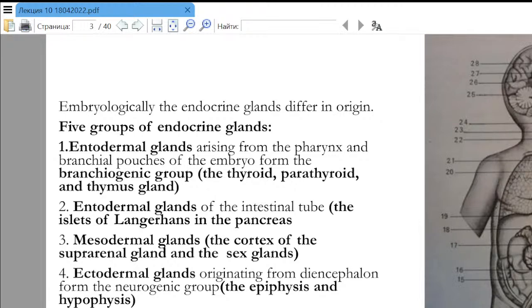These are the 5 groups of endocrine glands.